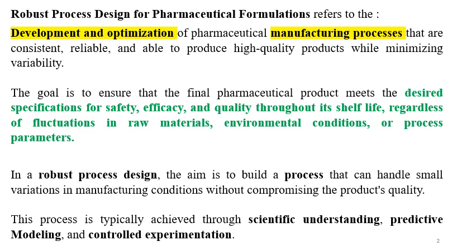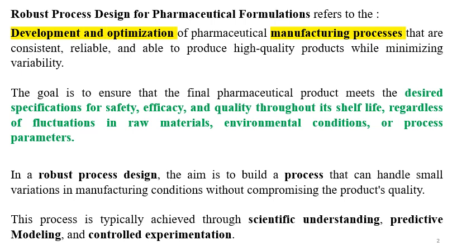The goal of these processes is to produce the final pharmaceutical products which have the desired specifications of safety, efficacy, and quality throughout the shelf life, regardless of the variations or fluctuations in the raw materials, environmental conditions, or process parameters.